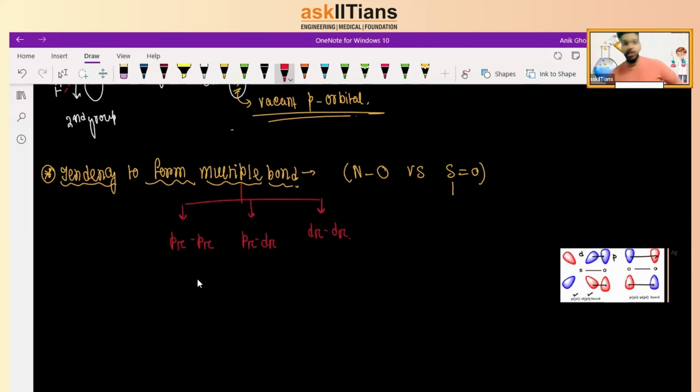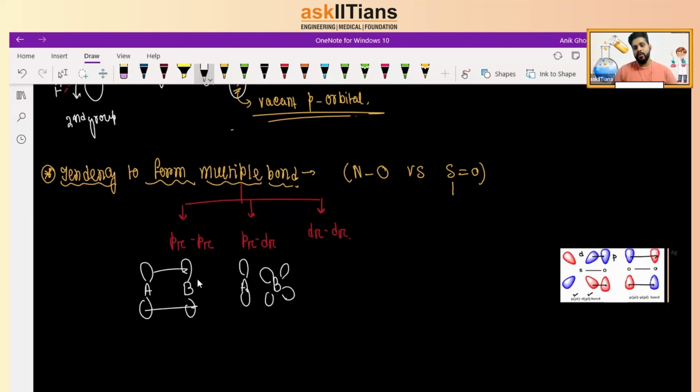When we are saying p pi multiple bond, what we are trying to say is, let's say atom A and atom B, both of them are using their p orbital in order to make the double bond character. So what does p pi d pi mean? One of them would be using their p orbital, the other one would be using their d orbital.